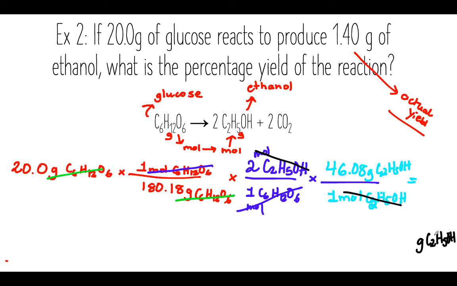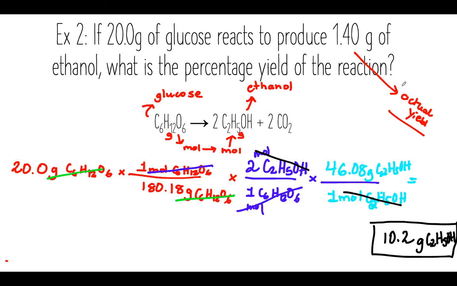I'm trying to find theoretically, if I started off with 20.0 grams of glucose, how many grams of ethanol will I find? Now, these numbers in my question, they both have 3 sig figs, so my answer should also have 3 sig figs, 10.2 grams of ethanol. Theoretically, that is how many grams of ethanol would be produced.